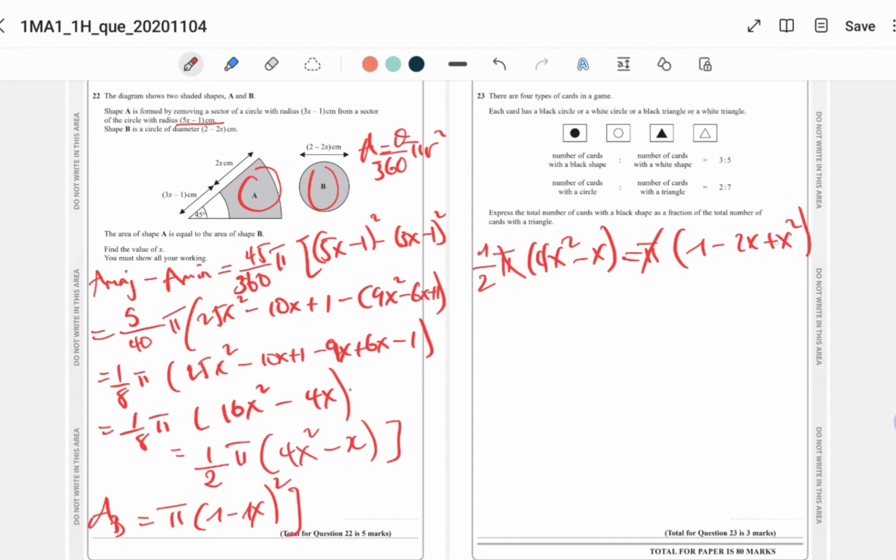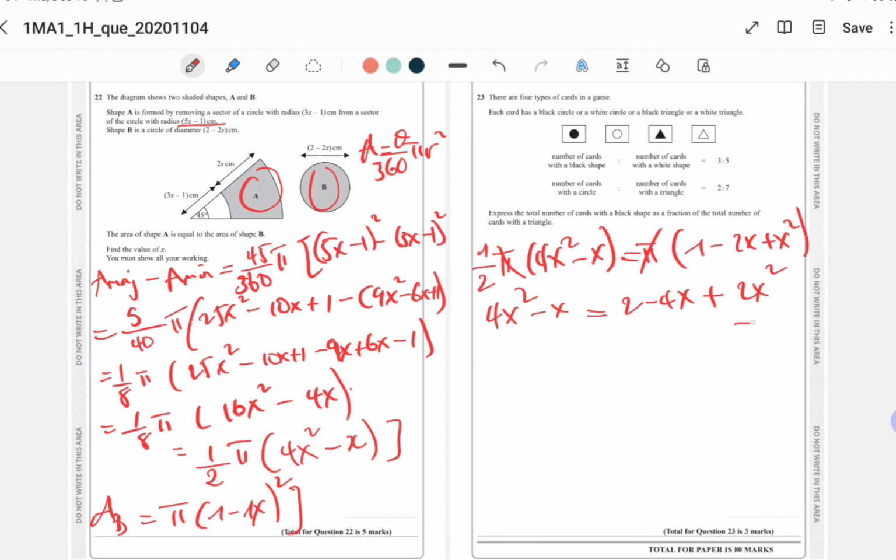I'm going to multiply the right hand side by 2. This will be 4x squared minus x equals 2 minus 4x plus 2x squared.